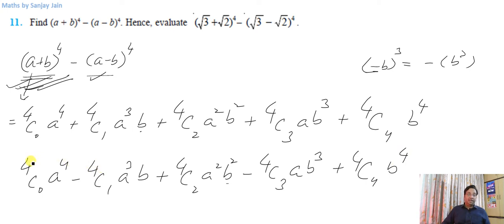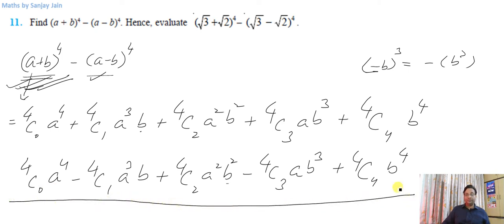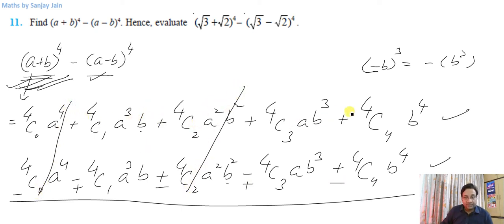Now I have to subtract the term that I have written below from the first one. See, I have to subtract this expression from this. So what will happen is the signs of these terms will change. This will become negative, this will become positive, negative, positive, negative. Which terms will get cancelled? This will get cancelled, this term will get cancelled, and this term will get cancelled.